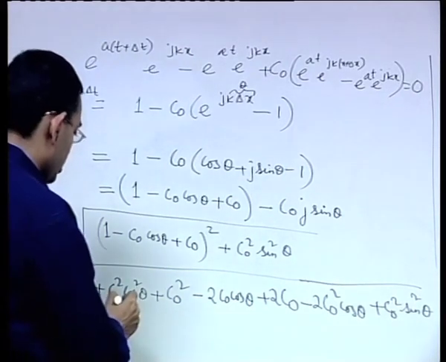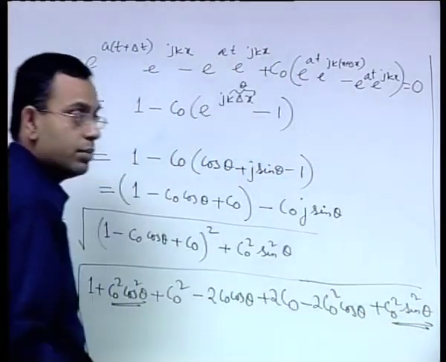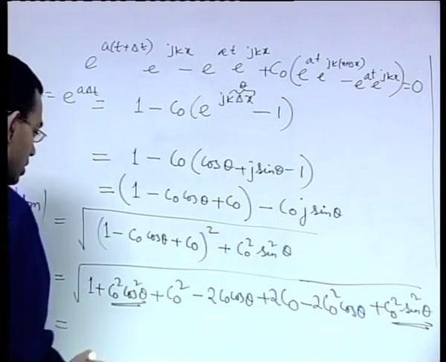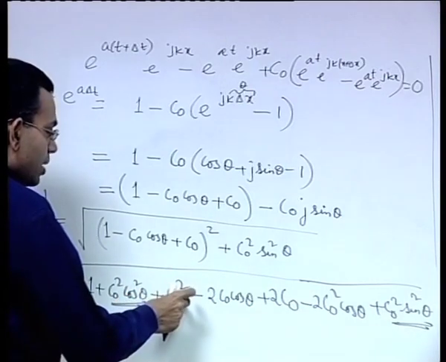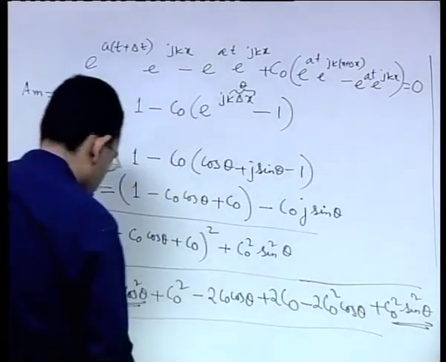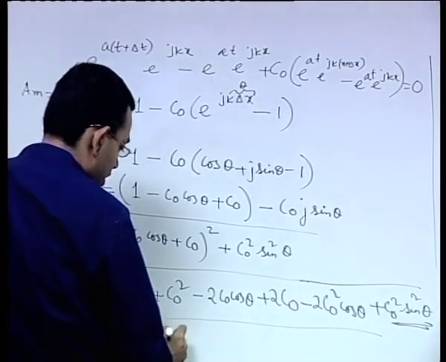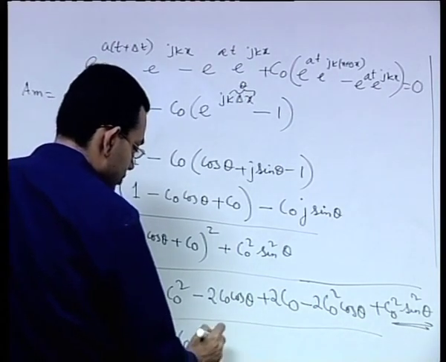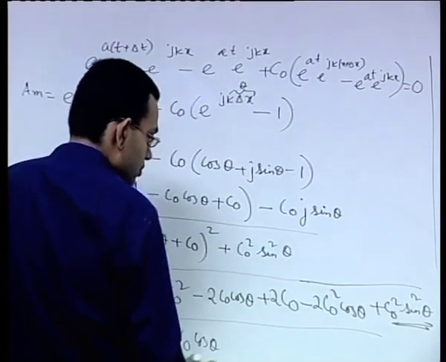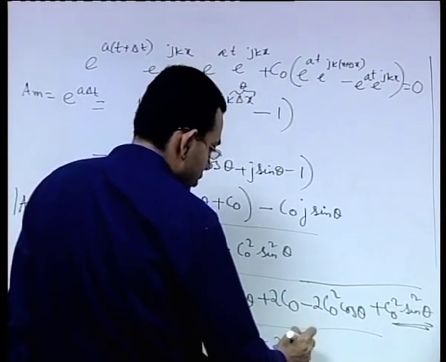So, cos square theta and sin square theta together they will become 1. So, 1 Courant number square plus another, so 2 Courant number square. So, it will become 1 plus 2 Courant number square minus 2 Courant number cos theta plus 2 Courant number minus 2 Courant number square cos theta.